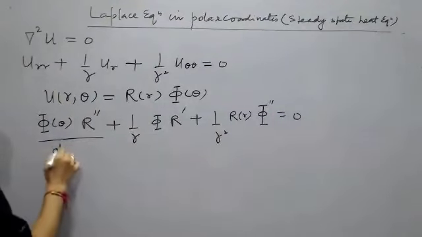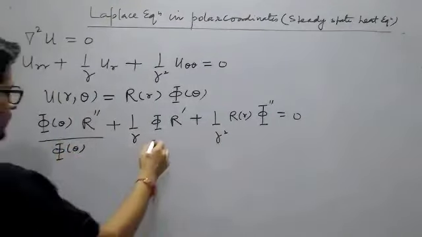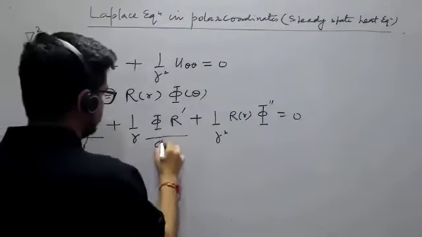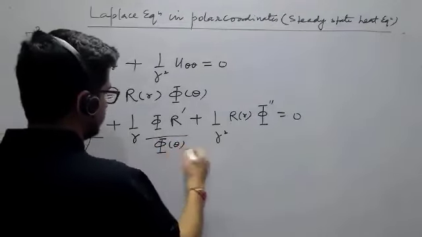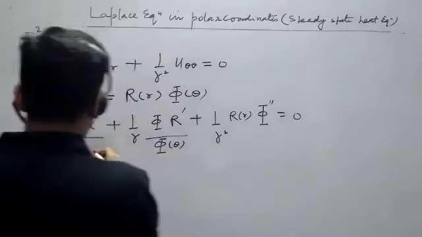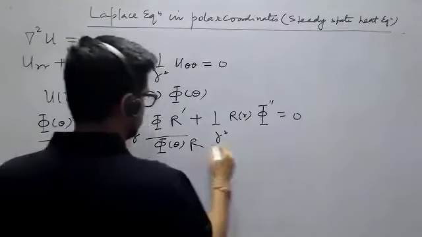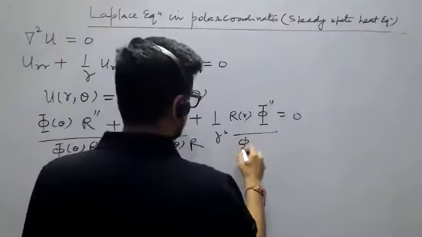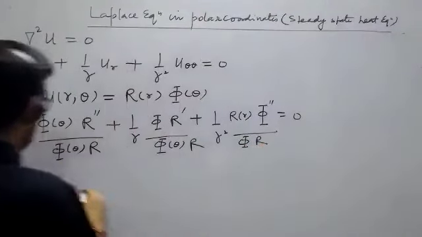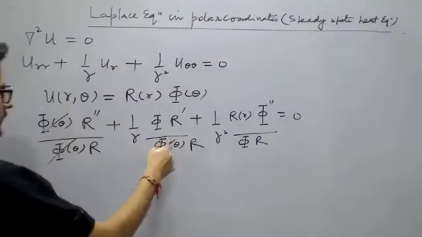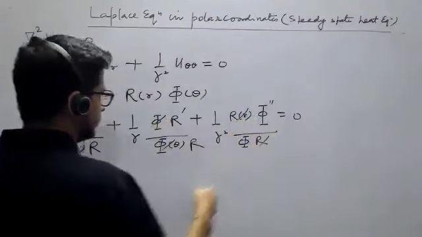First of all, divide each and every term by capital Theta and R. So this is cancelled, this is cancelled, and this is cancelled.